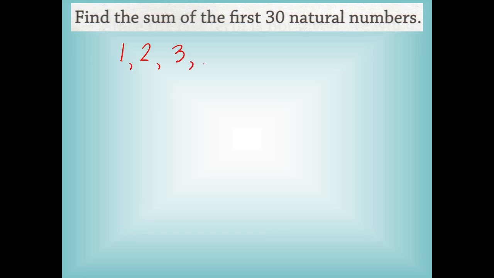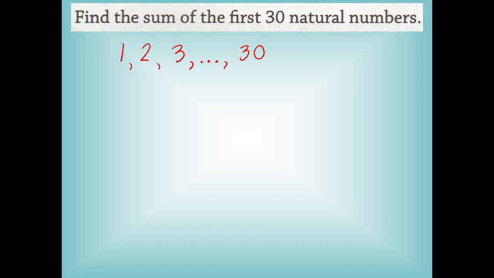But I'm not going to list all the numbers. Instead, I'm going to use an ellipsis, so on and so forth, until which number? The number 30. Simple as that. Because it's simply from 1 to 30, the first 30 natural numbers.